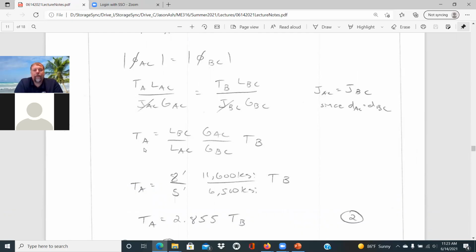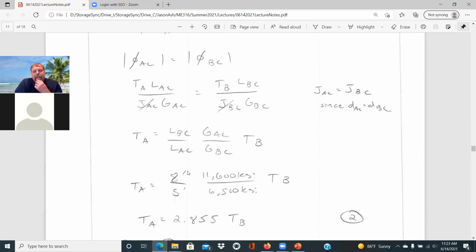But then we can rearrange this to solve for TA as a function of TB and plug our values in there. We have 8 feet for LBC, 5 feet for LAC, GAC 11,600 KSI, GBC 6,500 KSI.